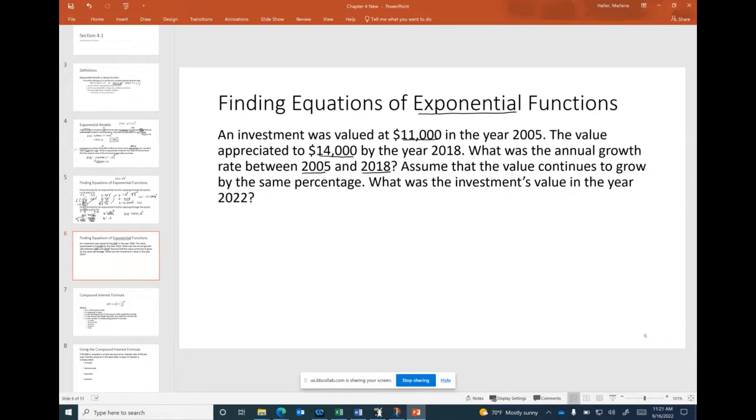Years are funny things, right? We usually, in our standard form of an exponential function, the input is usually time, right? It can be AB to the x, or A times 1 plus R to the x, where x, or the input to this function, is usually time.